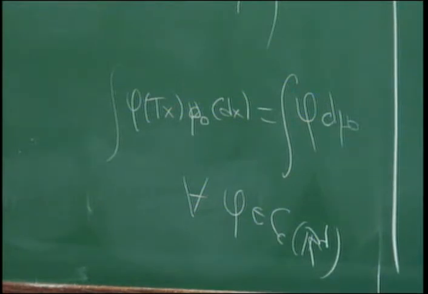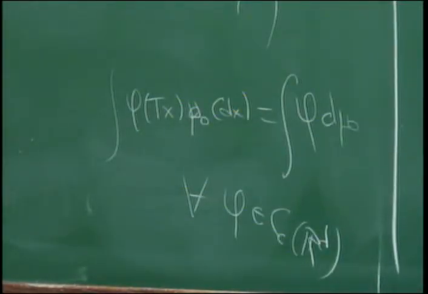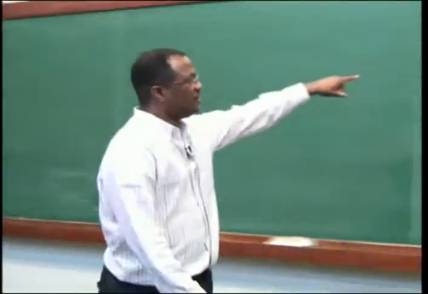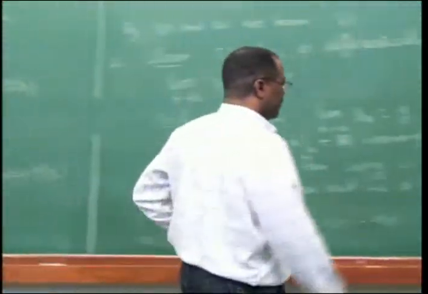Because when phi equal to a characteristic function, this is exactly the definition of T pushes mu naught forward to mu 1. And we've seen several times that having this equality for all characteristic functions is equivalent to having it for all functions which are continuous and of compact support. So you can already see the connection with this theorem.